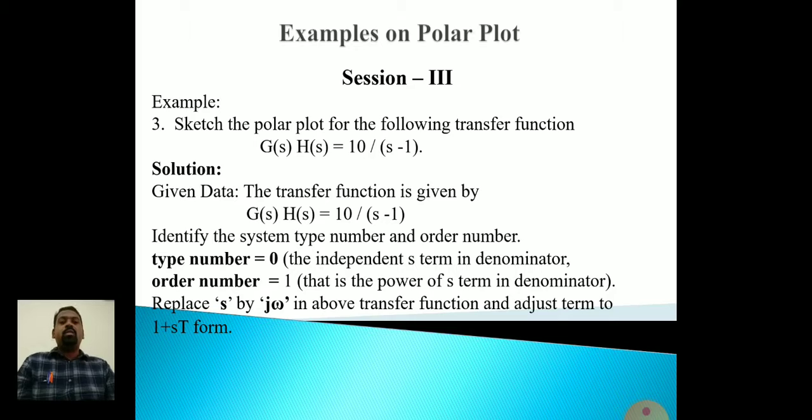Next step: adjust to 1 plus sT form if necessary, and replace s by j omega in the above transfer function.